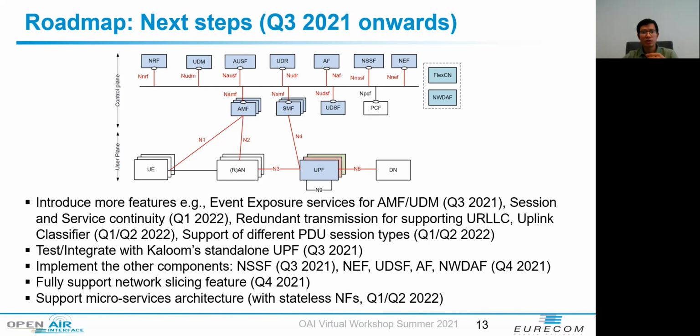And for a production environment, we will integrate and test our core with a Cumulus standalone UPF in OpenShift cluster at Eurecom. We also plan to bring some new network functions into our 5G core, such as NSSF, NEF, UDSF, and NWDAF, and go further with microservices architecture for the main components.